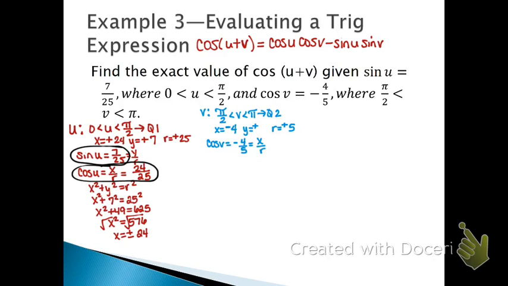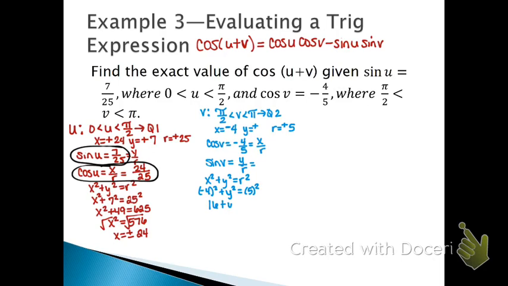And we know that we're going to need sine of v, which you told me earlier is y over r. So I need to go find y, the same way I found x in the previous step. So x squared plus y squared equals r squared. X is negative 4. We're looking for y, and r was 5.